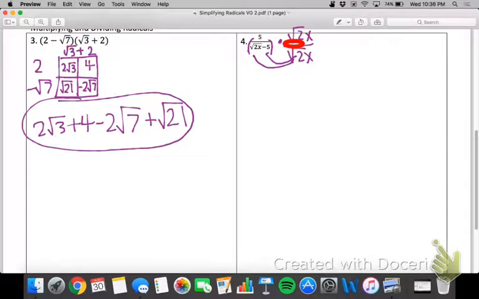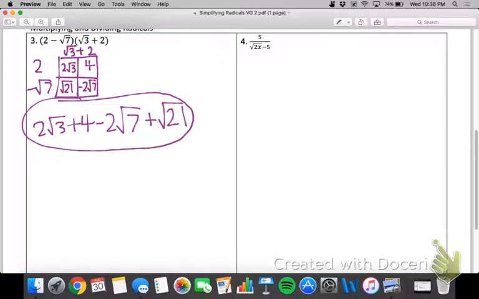So what we do here is a thing called multiply by the conjugate. So there is a useful fact about radicals, really about anything. So I'll write it over in this area below this problem.